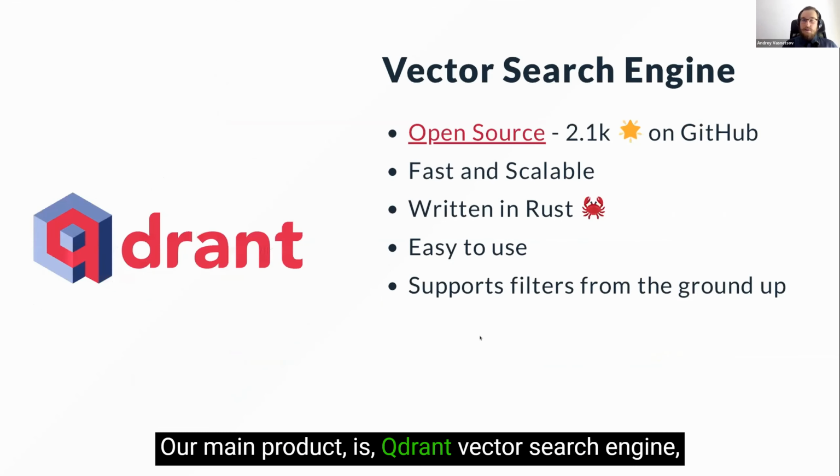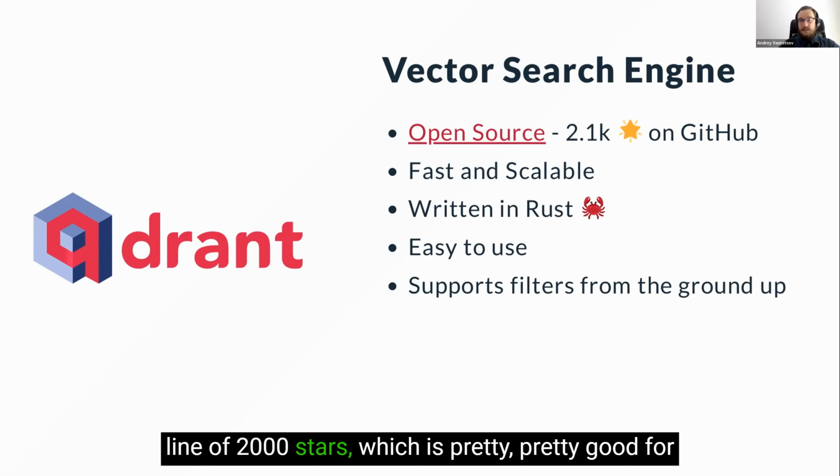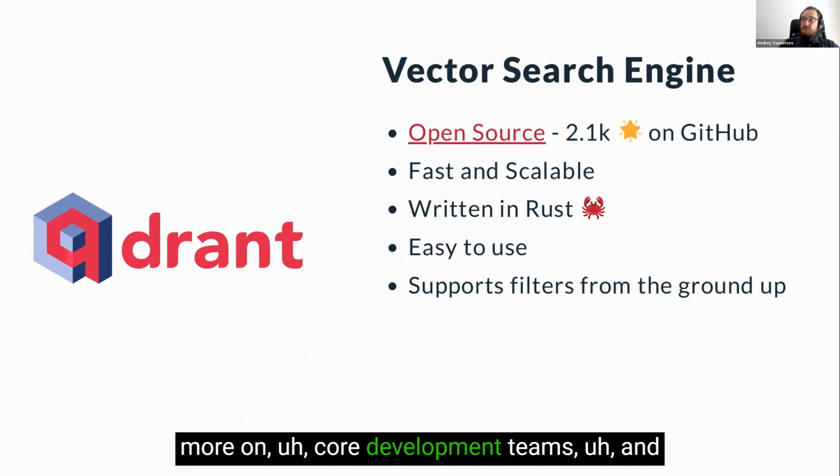is the Qdrant vector search engine, which is open sourced from day zero. It's available on GitHub and already crossed the line of 2,000 stars, which is pretty good for this type of product, which is targeted more at core development teams and machine learning engineers.